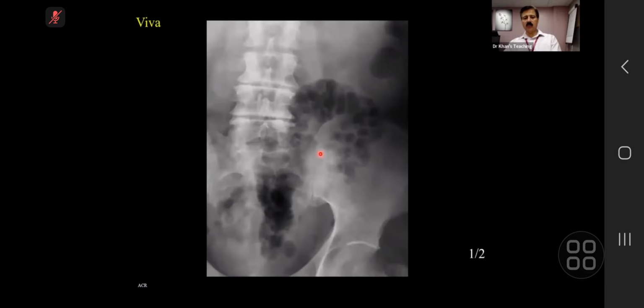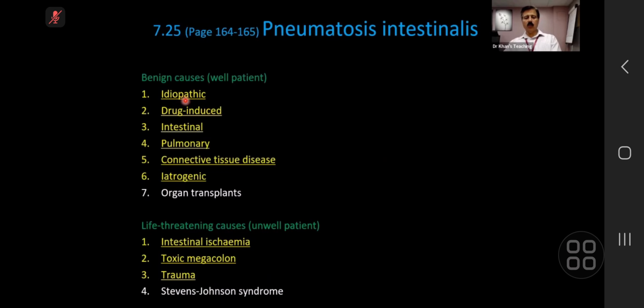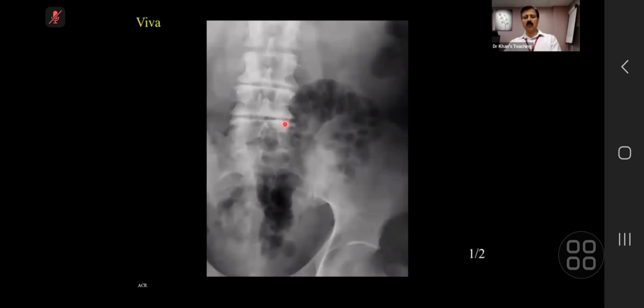So this is what I call the idiopathic or primary pneumatosis intestinalis. You remember this differential diagnosis? Idiopathic, benign causes. And idiopathic also tells you that we don't know the etiology. And please develop your eyes on this. And I've got a very good case on CT also, but of course, for that, you need a software, a DICOM viewer to pick it up. So remember this.